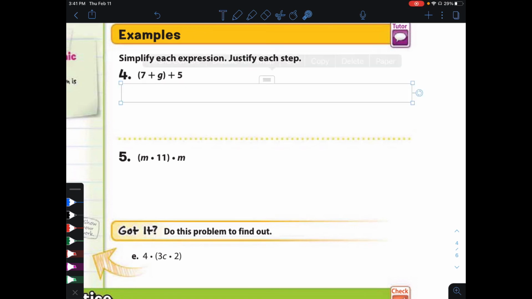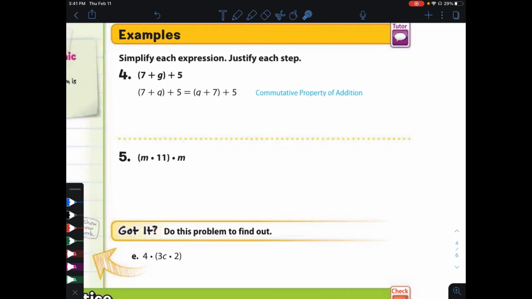So basically, the first thing we need to do is use the commutative property of addition. 7 plus g plus 5, which is what we just copied from the one on top, now becomes g plus 7 plus 5. We simply change the order of 7 plus g to g plus 7.